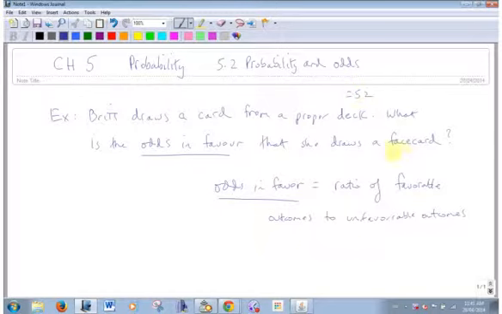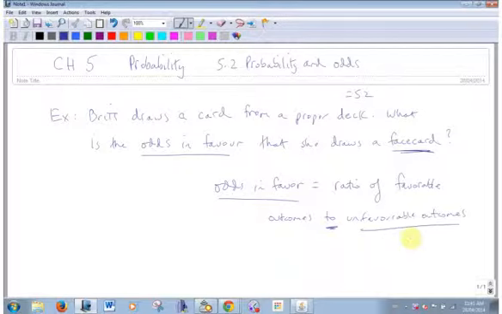But it's not asking you how many face cards are there? 3 per suit. There's 4 suits. 12. Yeah, it's not saying what's 12 divided by 52. Okay? It's saying what's the ratio of favorable outcomes, 12, to unfavorable outcomes, which means not a face card.